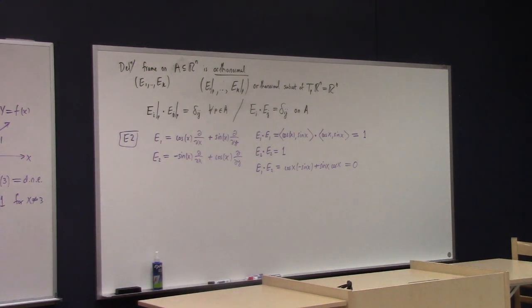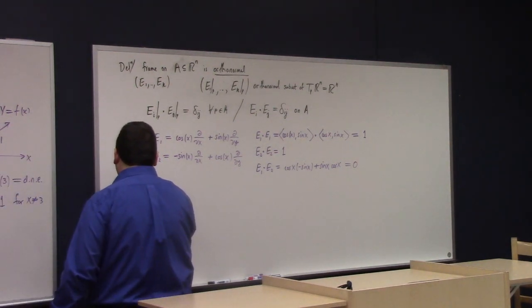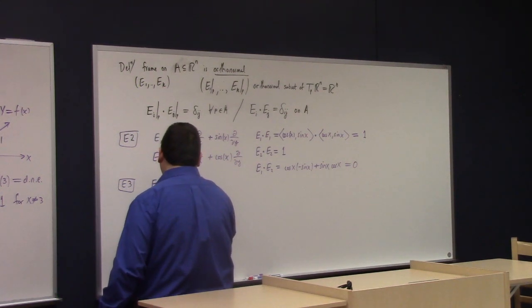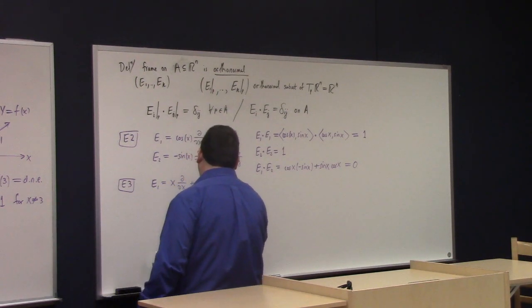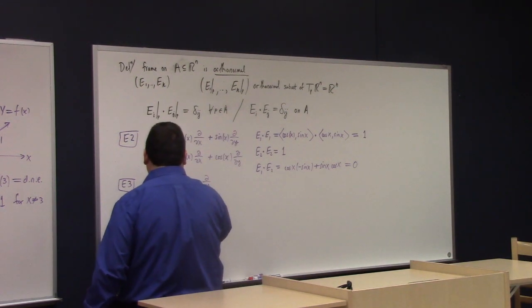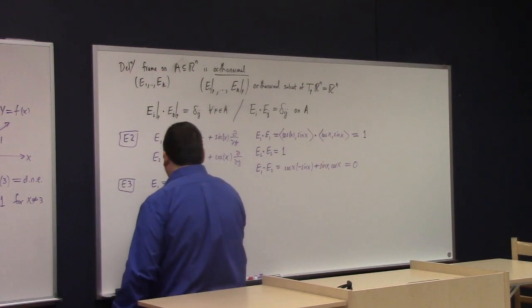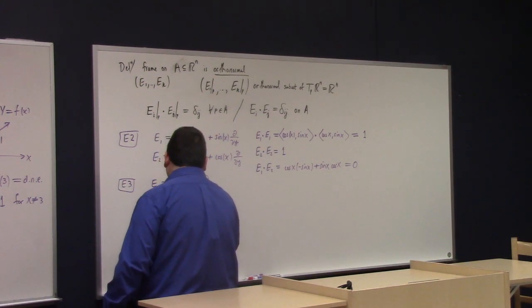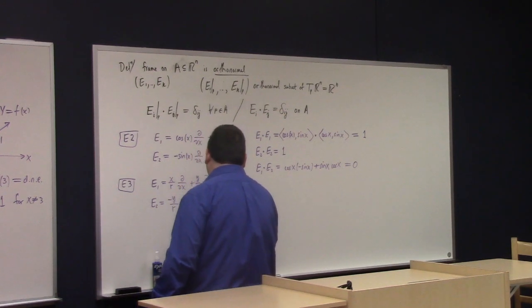So, one other example here, example 3, another nice example. E1 is equal to x over r partial x plus y over r partial y. My bad, that was supposed to be x over r and y over r. And then E2 is minus y over r partial x plus x over r partial y.